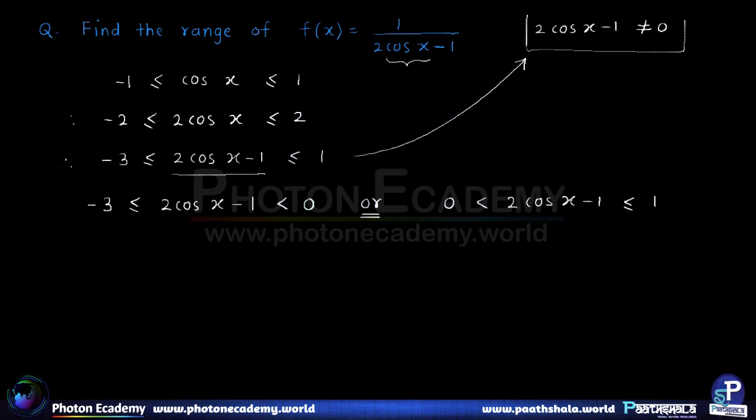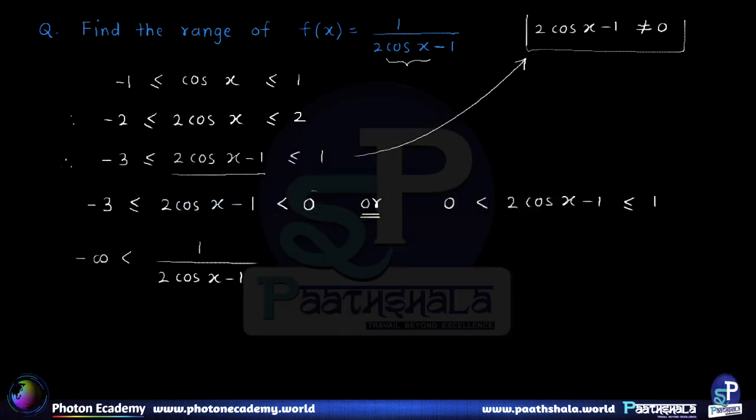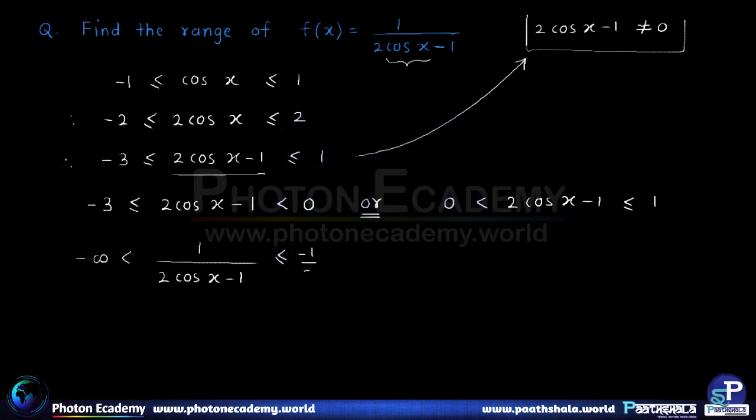So whenever we take the reciprocal, on one end it will have minus infinity because the expression is going up to 0, and on the other end we will have the reciprocal of the smallest term in the original inequality. That is nothing but -1/3.